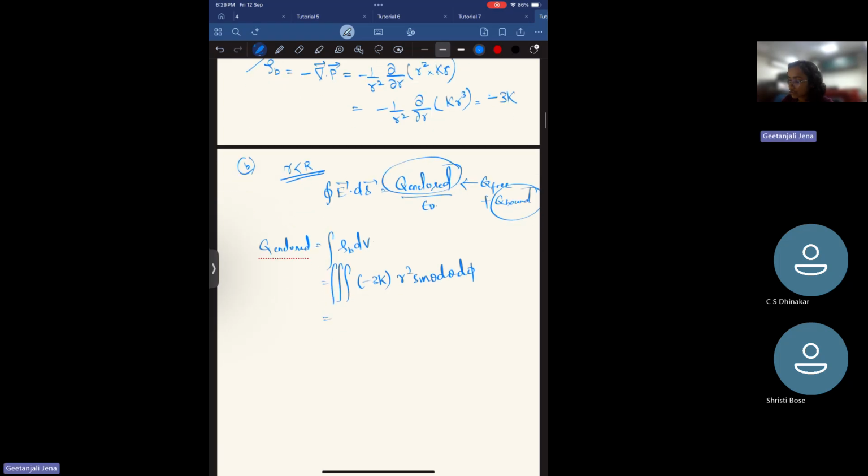Integration will give minus 3k times 4 pi r square divided by 3, so 4 by 3 pi r cube. So Q enclosed will be minus 4 pi k r cube. We know Q enclosed.